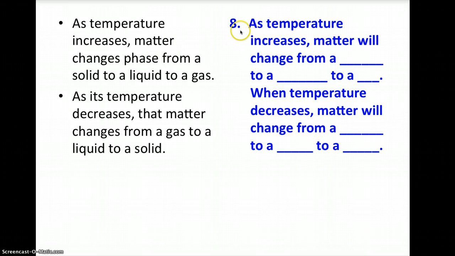So you can answer this question. As temperature increases or as energy is added, matter will change from a blank to a blank to a blank. When temperature decreases or as energy is taken away, matter will change from a blank to a blank to a blank.